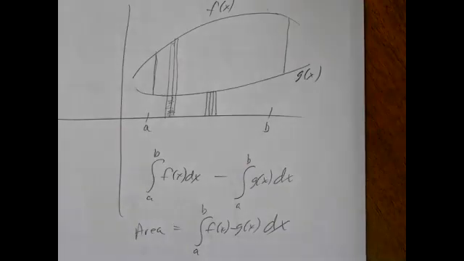Now, for that reason, since it's always an upper minus lower type scenario, I think it is a good idea, whenever possible, to draw the curves and draw the region that you're trying to find the area of. Because if you are accidentally not taking upper minus lower, then things are not going to work out correctly.